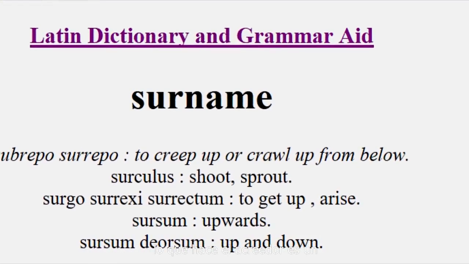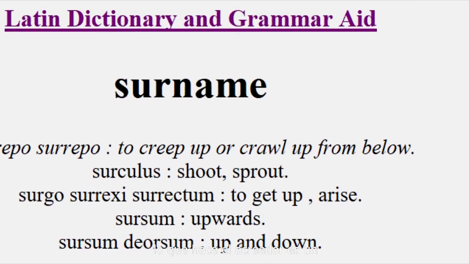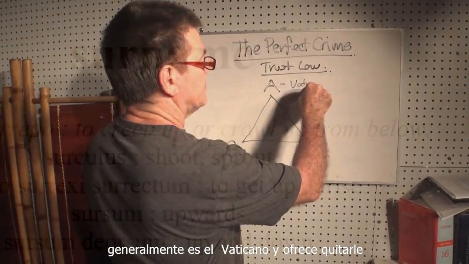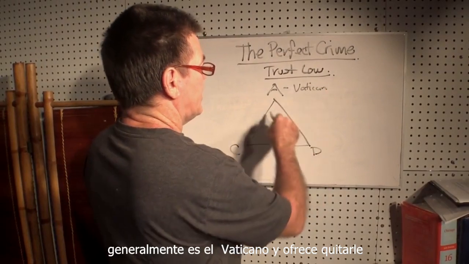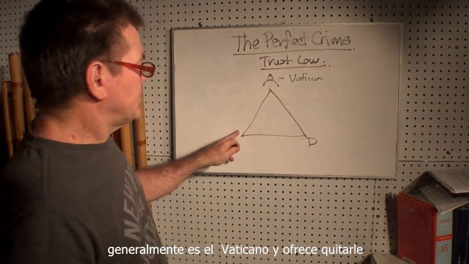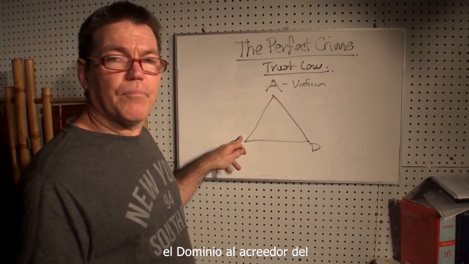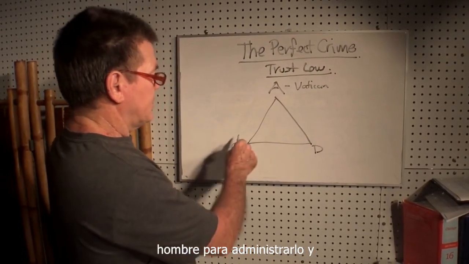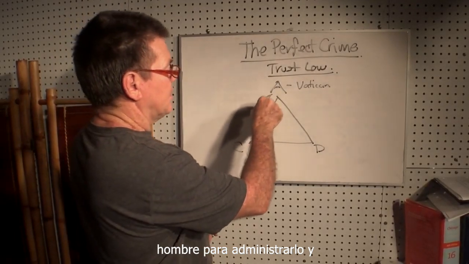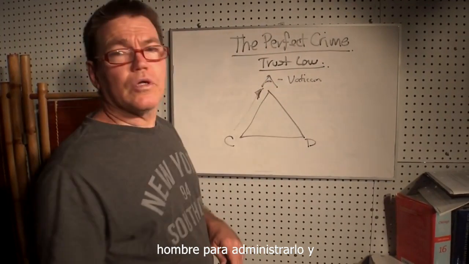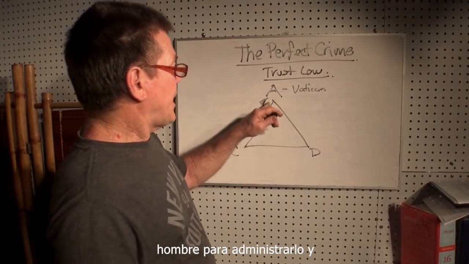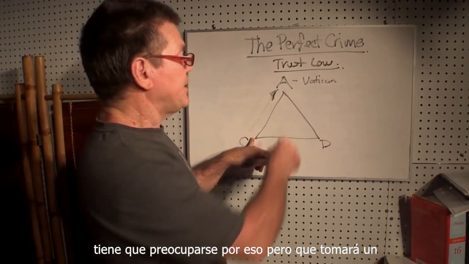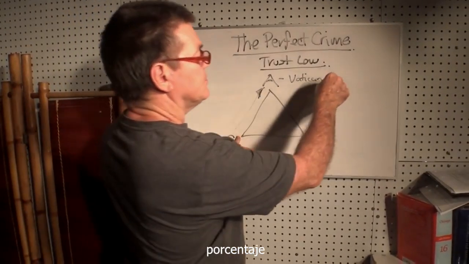What the creditor does is an administrator comes along, which is usually the Vatican, and offers to take the dominion from the creditor, from the man, in order to administer it and look after it for man, so that he doesn't have to worry about it, but he'll take a percentage.